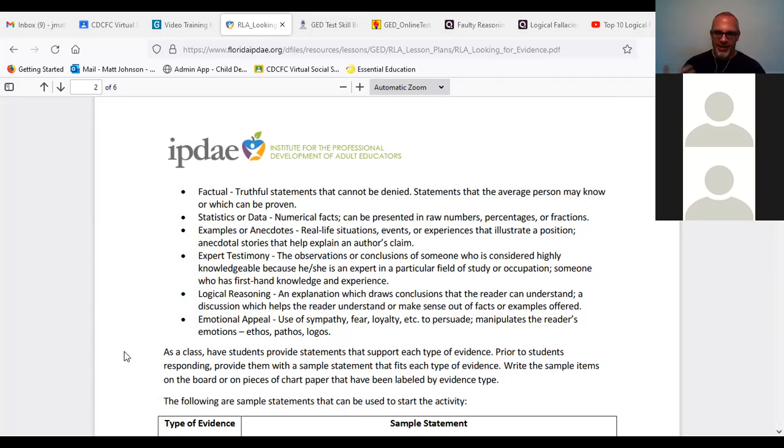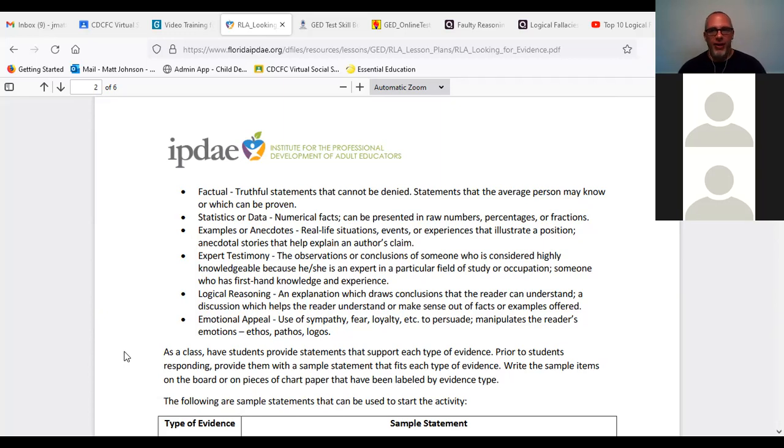When you get into statistics and data, sometimes that can be manipulated or used in ways that are irrelevant to whatever claims are being made. So that's something to keep in mind. But again, it's stuff that is numerical. It's typically also verifiable. Examples are anecdotes, right?